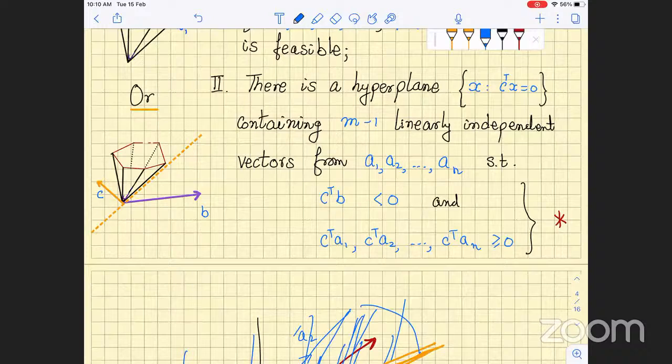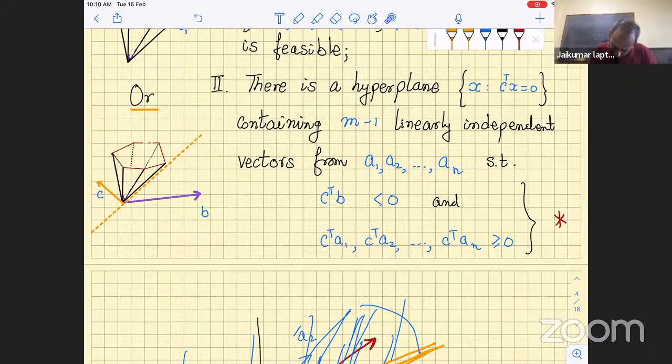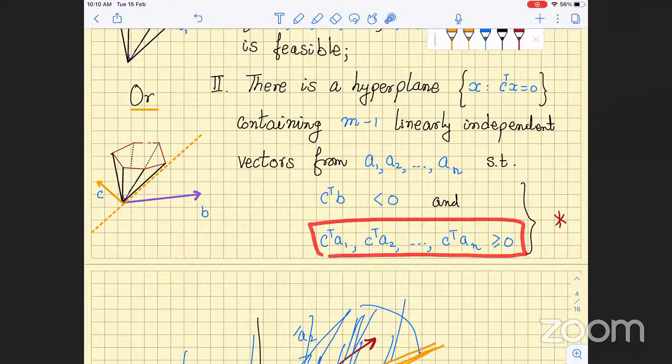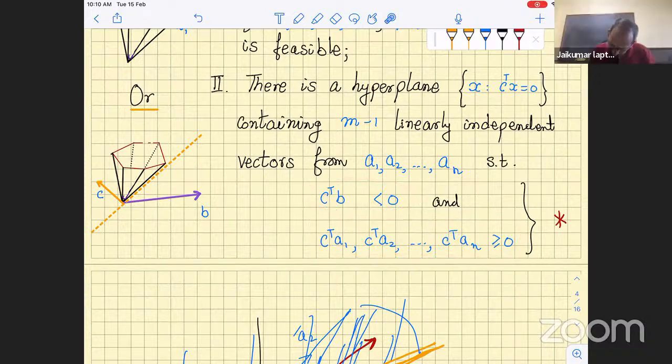So this hyperplane, everything is on one side, B is on the other side, and furthermore, this hyperplane, the orange hyperplane here, rests on m minus one vectors out of A1 to AN.